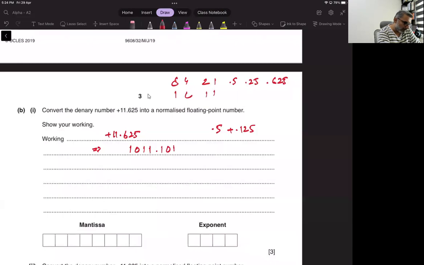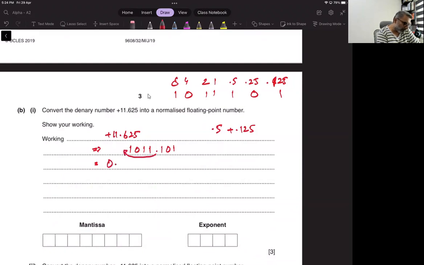8, 9, 10, 11. 0.5, 0.25, 0.125. All right, so now the point will move towards the left all the way.